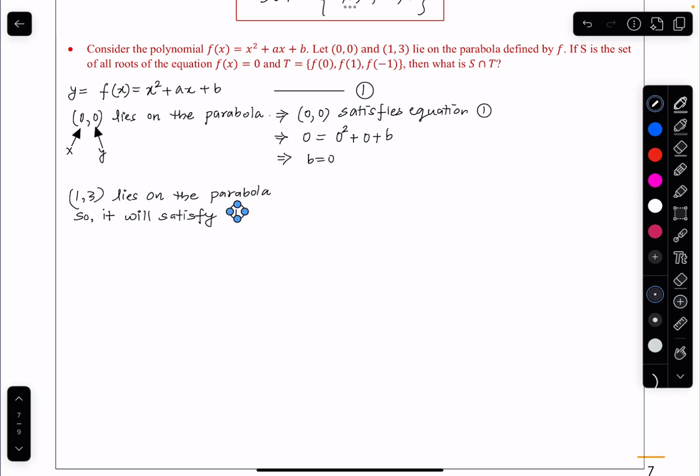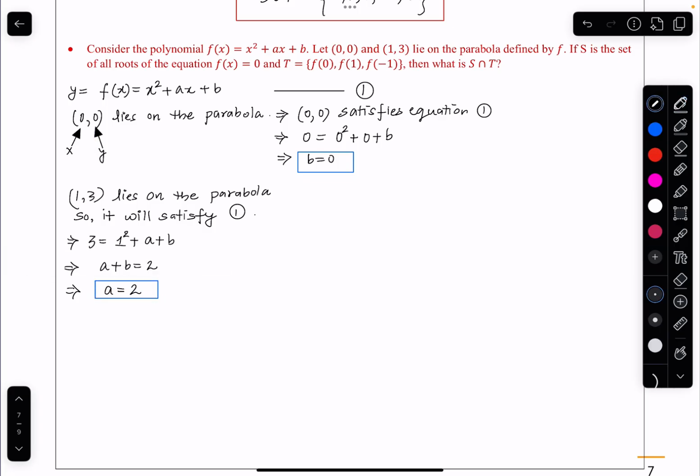Meaning in equation 1, you can put x equal to 1, y equal to 3, and this is what I have. So a plus b would be equal to 3 minus 1, which is 2. But b I have found earlier, b is 0, so a is going to be 2 here. The value of b is 0, the value of a is 2.